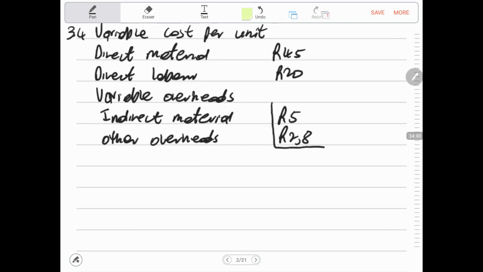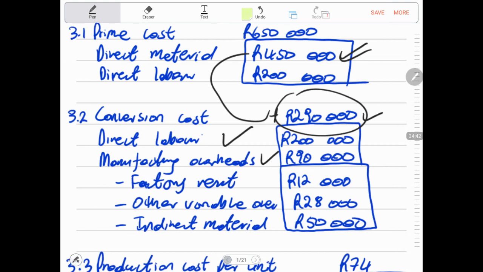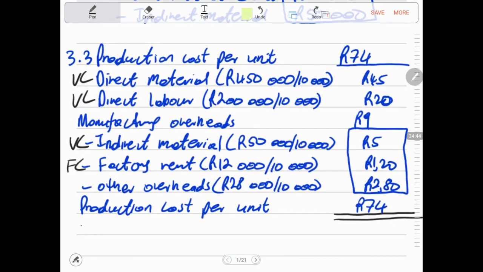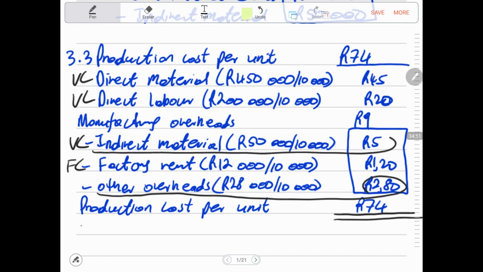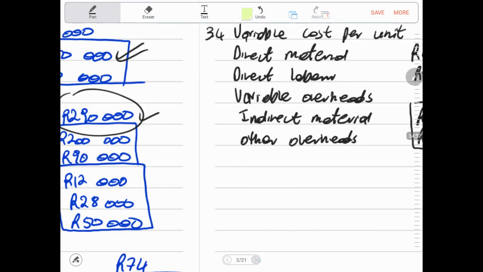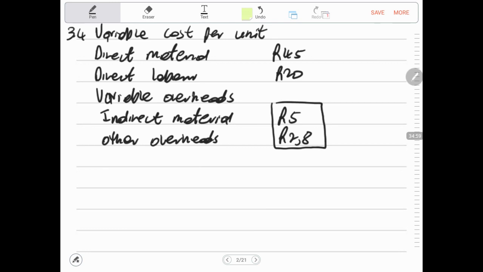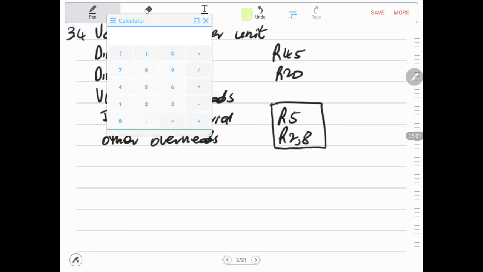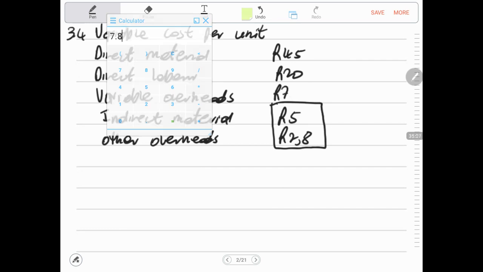So now that will be, let me confirm the figures. Our other overheads, remember these were variable, 2.80 rand. Our indirect material, 5 rand. Direct labor, 20 rand. Direct material, 45 rand. So now these are my variable overheads per unit, 5 rand plus 2 rand 80 cents. It gets me to 7 rand 80 cents.